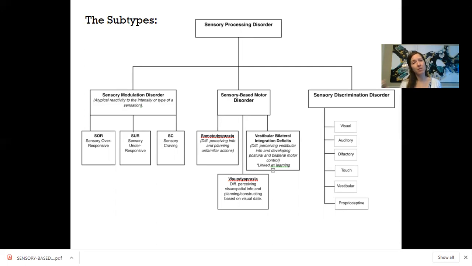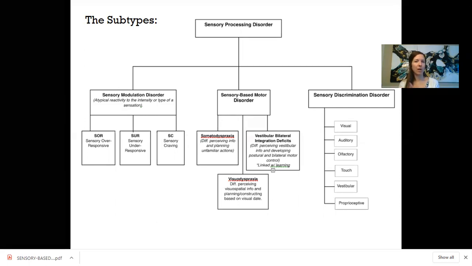We have the vestibular bilateral integration deficit. That's basically kids who really have a hard time with their postural control, their ability to use two halves of their body together. And there's a lot of overlap between all these things. And then you have visual dyspraxia. These are kids who have a difficult time perceiving visual spatial information and using their visual system to get information about the world.